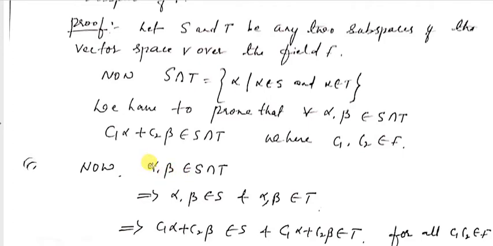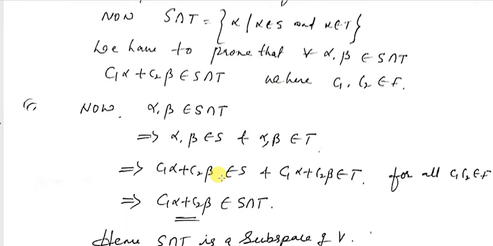This means alpha, beta will be in S and alpha, beta will be in T. Any element in their intersection is common to both the sets, right? That's what I have written over here.